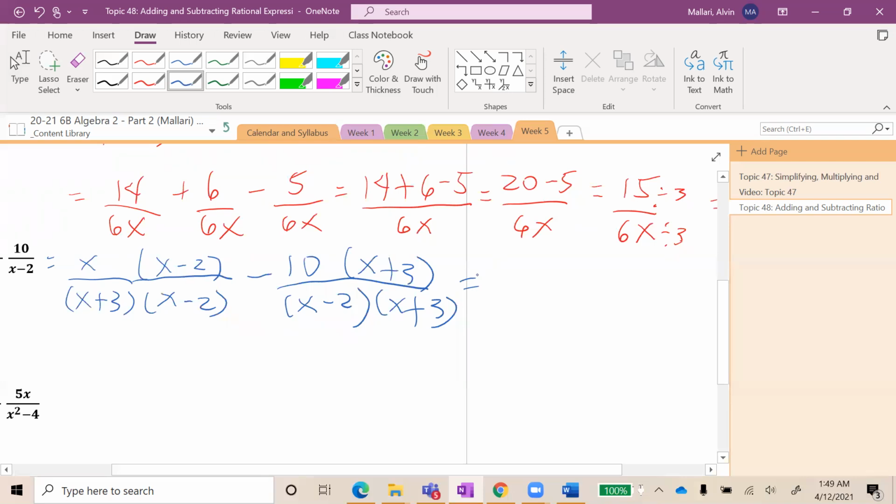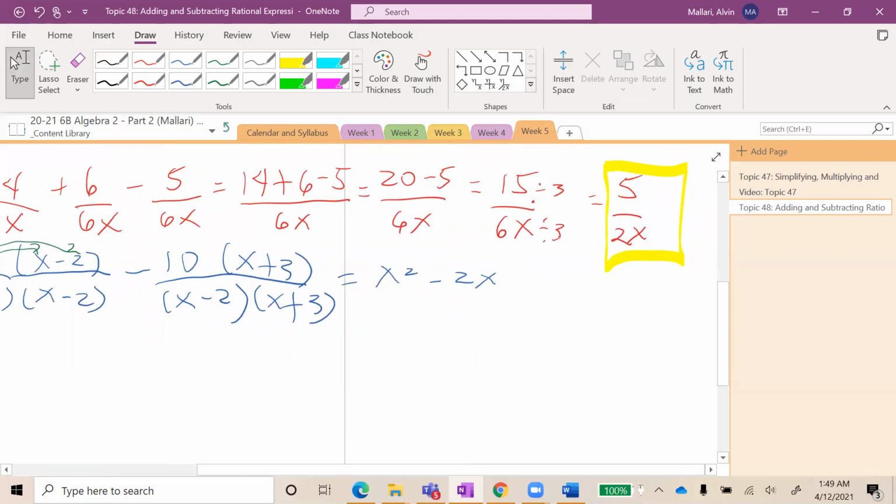Now we can use the distributive property here. x times x will give us x squared. And then x times negative 2 will be negative 2x.